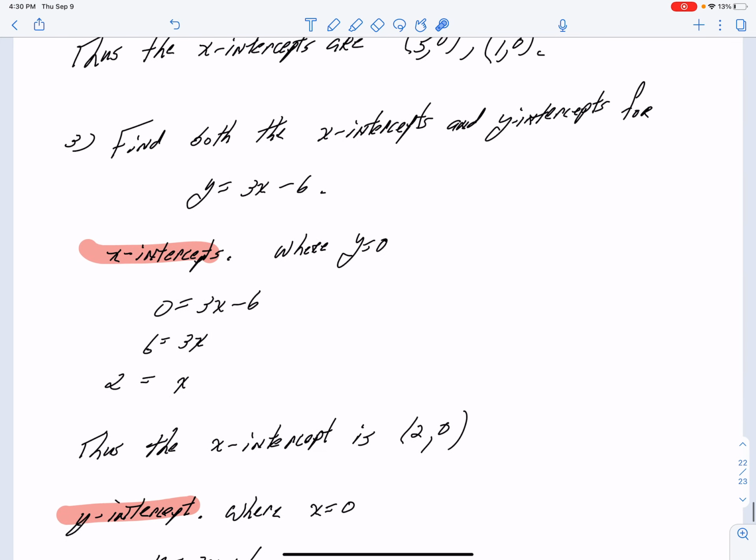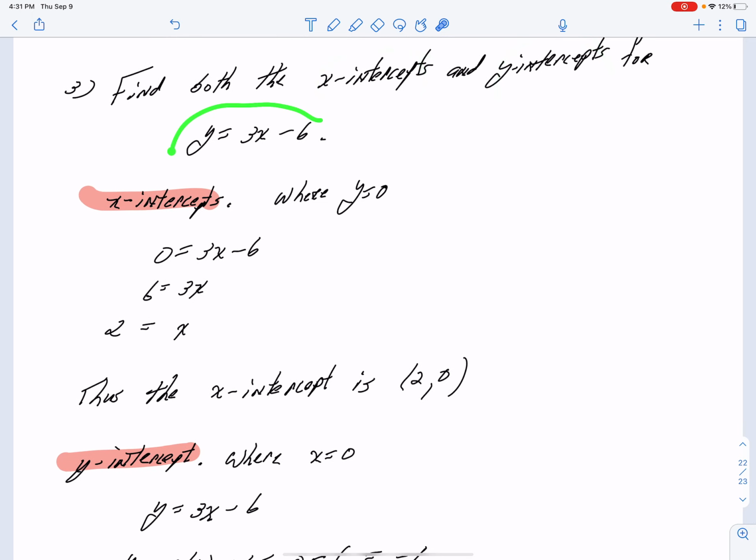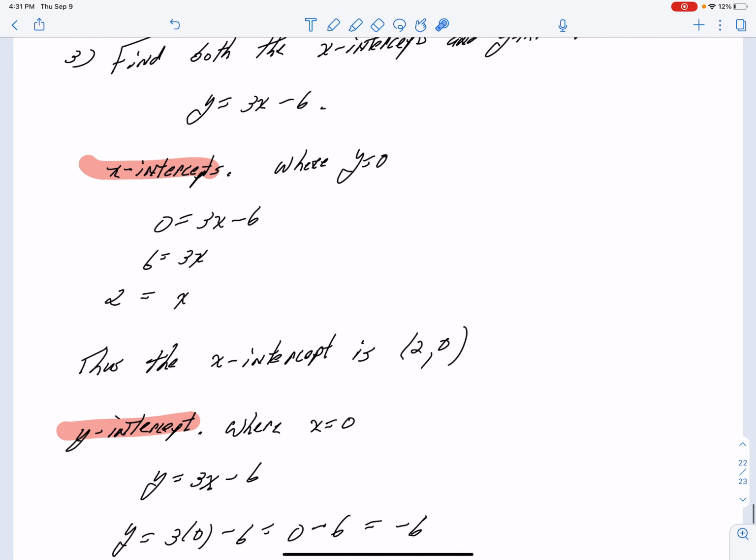All right, finally, let's find both the x-intercepts and the y-intercepts for y equals 3x minus 6. So what's the x-intercept?